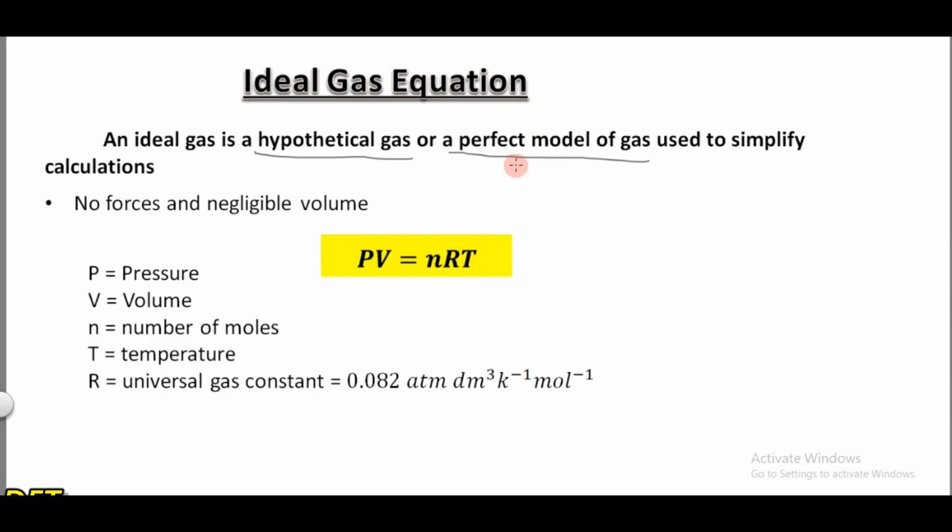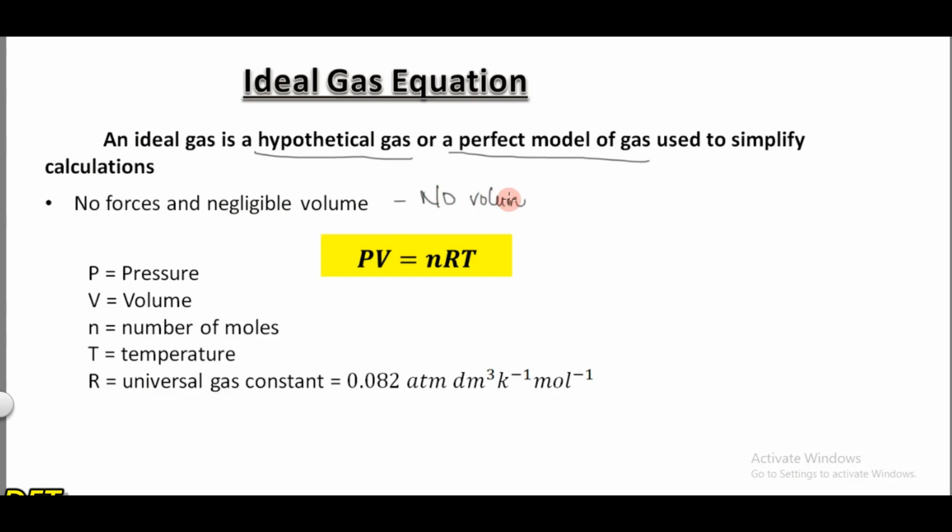So if I ask you what is an ideal gas, you simply tell me that an ideal gas is a hypothetical gas or a perfect model of gas used to simplify calculations. Usually an ideal gas will have no forces acting on it and it will have negligible volume. What that means is that it will have no volume, right?